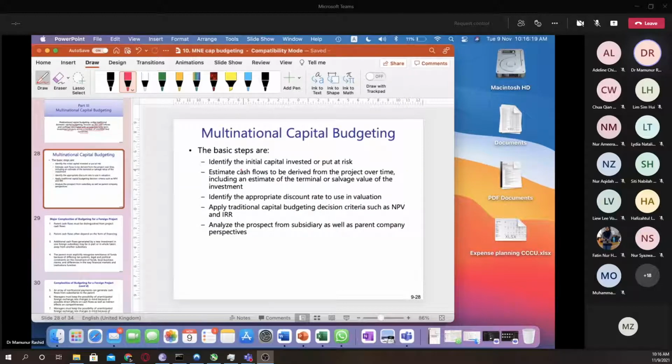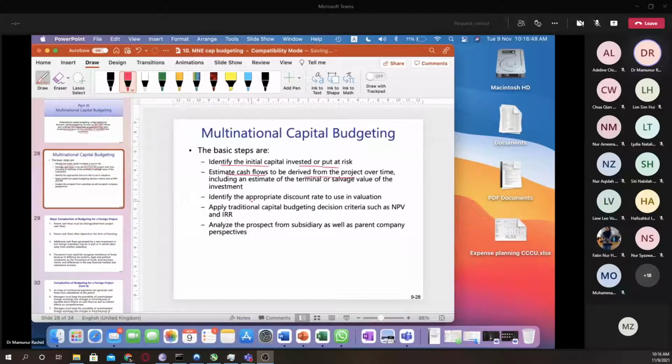What are the basic steps? We need to identify the initial capital investment, the amount of investment that you are putting at risk, or the starting capital. Second is to estimate cash flows to be earned from the project over time. This normally is our income statement, starting from sales until net income.